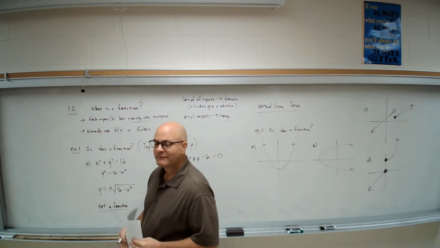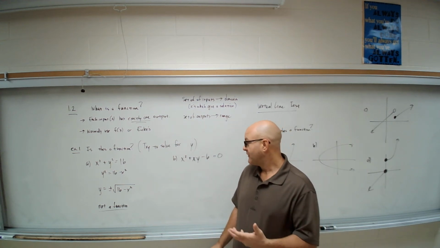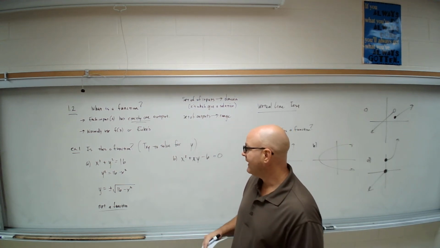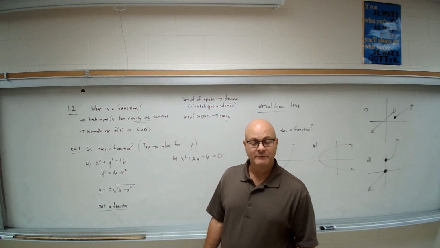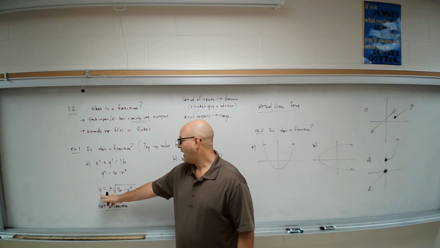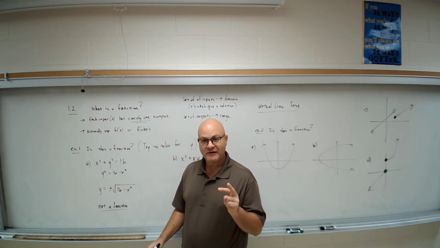Now you actually only have to show that one time it happens where you get 2 solutions. So if you wanted to prove it here, you could say, well, put in the number 1 for x. Right? If I input the number 1, we get y is going to be plus or minus the square root of 15. Well, that's 2 different numbers, right?